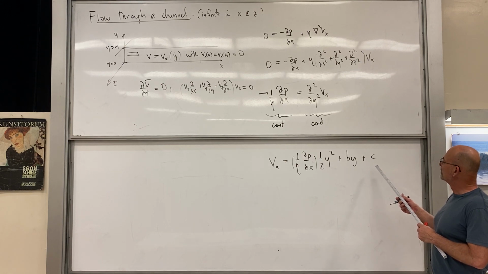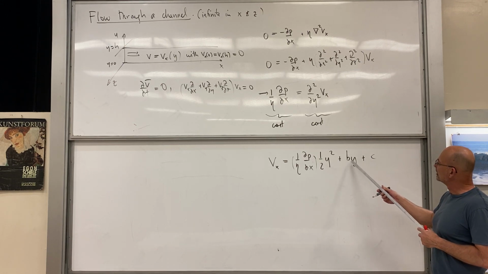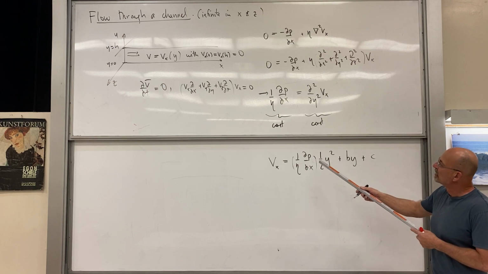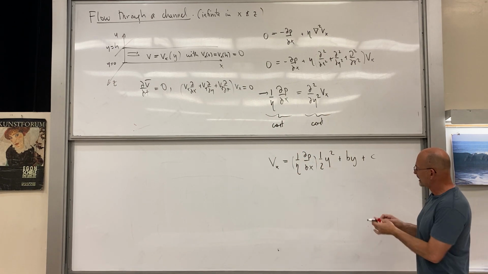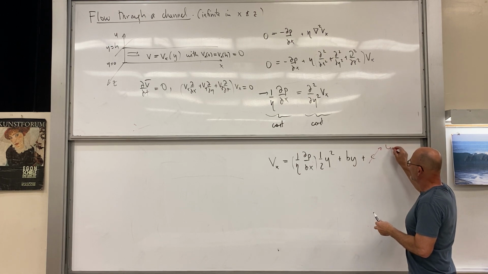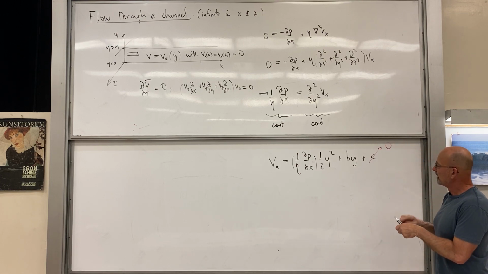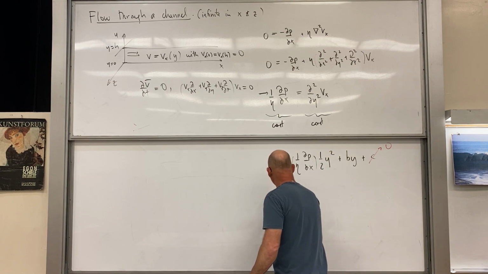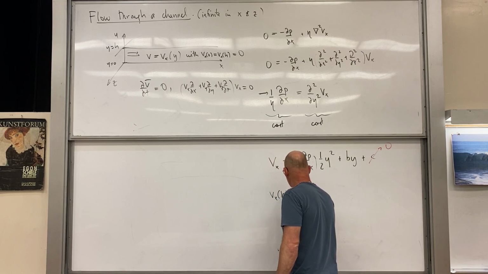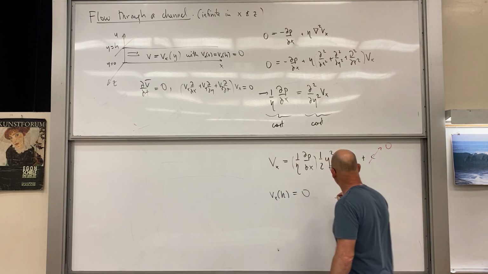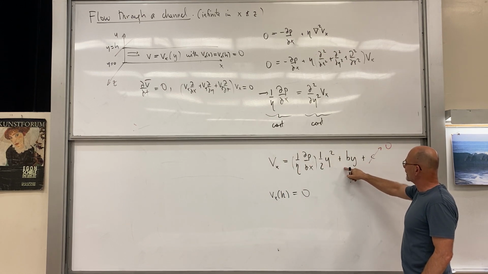And when y is equal to 0, we're going to have a 0 there. So c can be stricken from the record. That's 0 there. And then b sub x of h is also equal to 0. So we plug that in there.